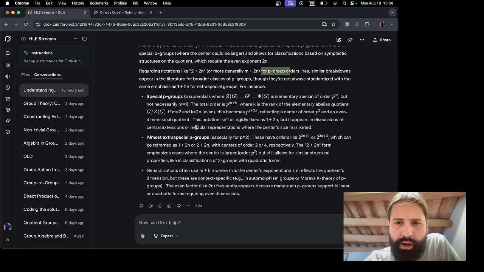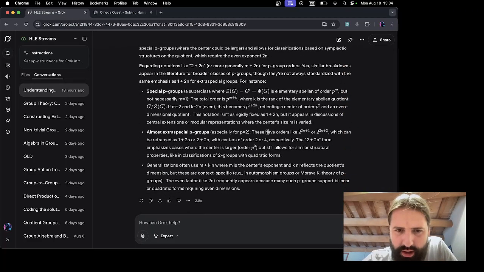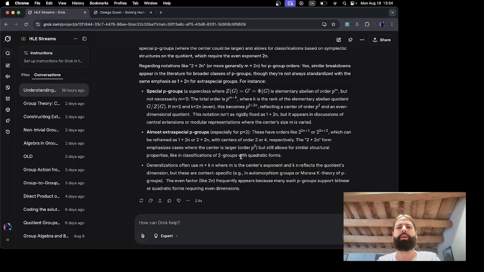Yeah, okay. So it's rigidly fixed as 1 plus 2n, but okay. Essentially that's a bit of a fixed notation thing. Generalizations m plus kn, where m is the center's exponent and kn reflects the quotient's dimension, but these are context specific.